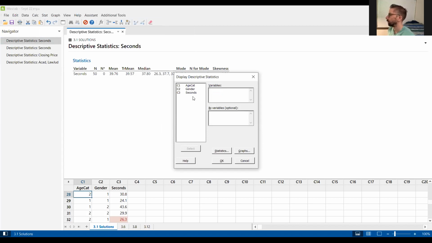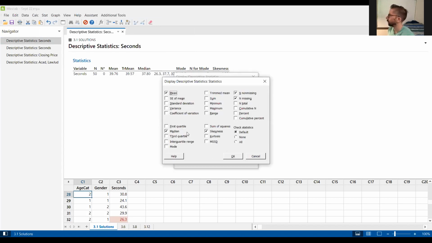What I did was take seconds, and if you click Statistics here, I believe the Mac has the same button for statistics. You have all these options. Yeah, so I just unchecked some of the things that were there by default.